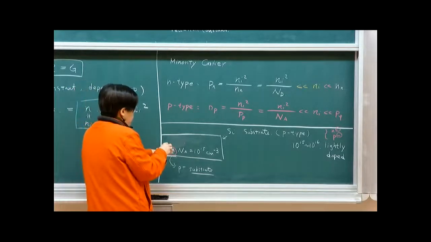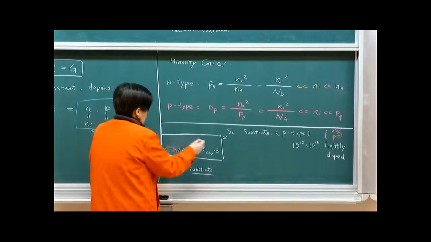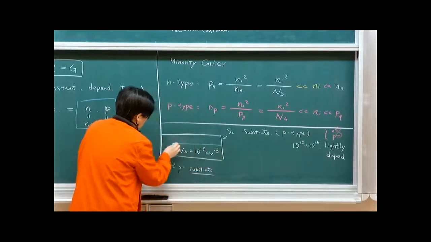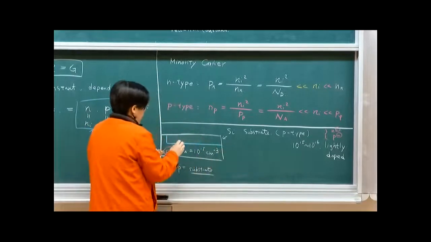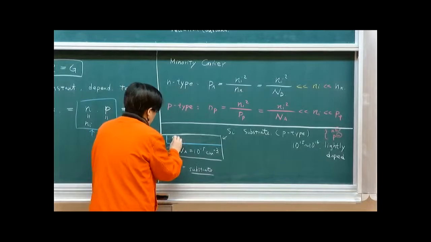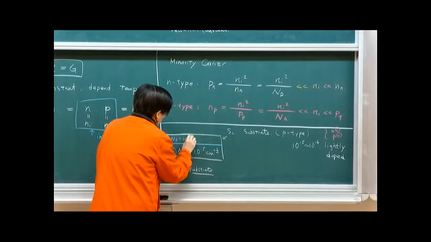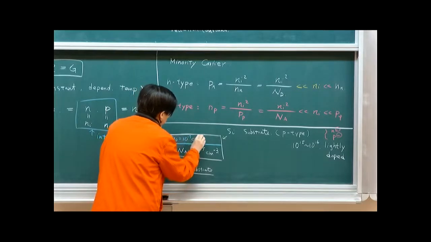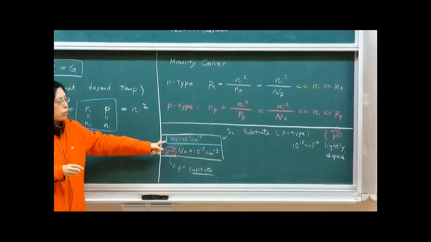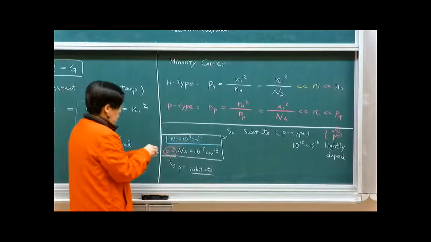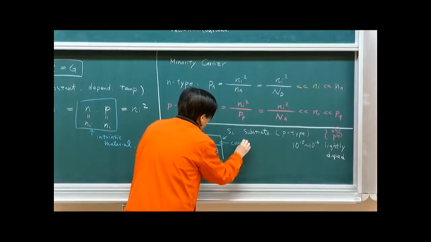So I introduce additional dopants here. For a certain region, I want to make it N type, so I introduce an Nd of 10 to the 17th, for example. I put additional dopant into this region. This process is called counter-doping.